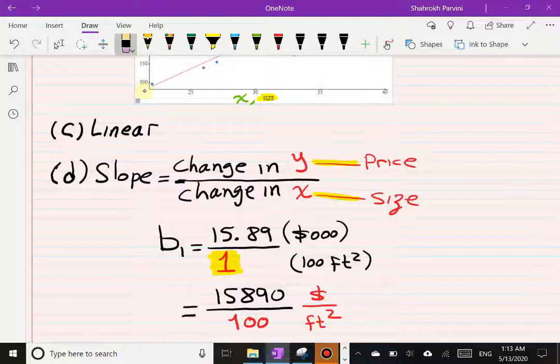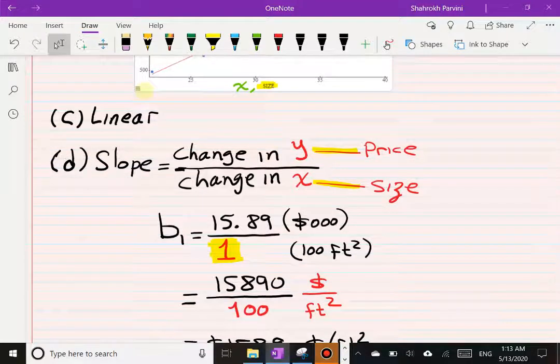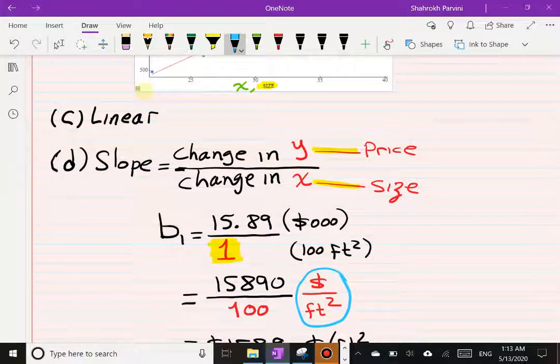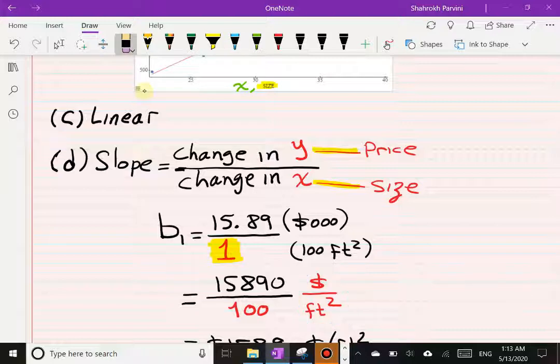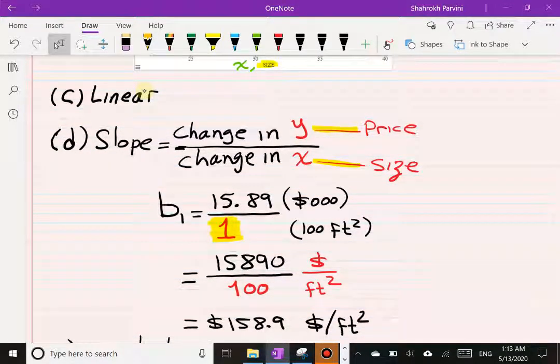So now I have something more familiar to us: dollars per square foot. That's good information, huh? It looks like the slope of the regression equation in this exercise gives us the price per square footage of these homes in Phoenix, Arizona, in that location. So if I want to buy a house there, I can imagine paying about $160 per square foot on average to purchase a home in that location.